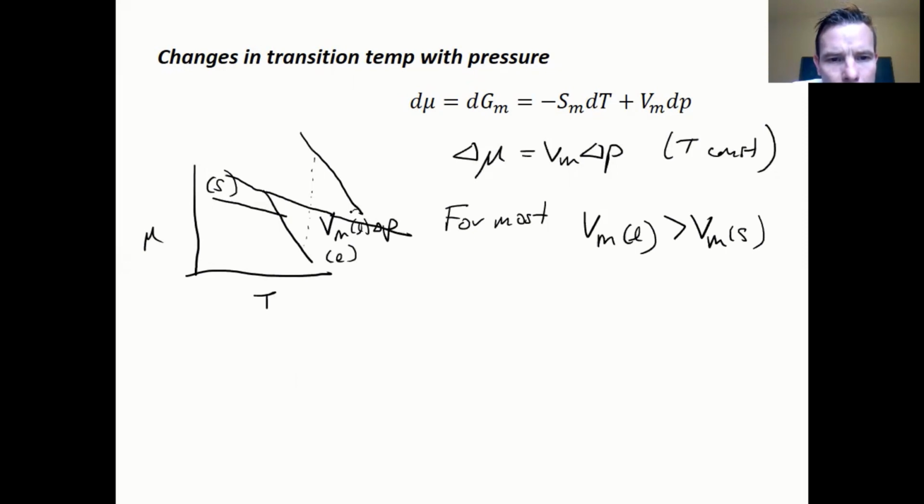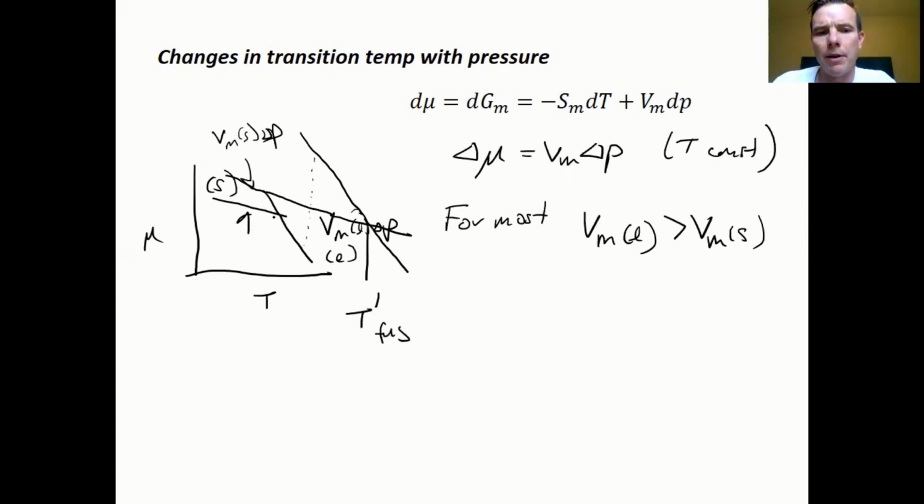This is going to go on, and this is going to go on. So this change here is V_m solid ΔP. Because the molar volume of the solid is less than the molar volume of the liquid, this one increases more, and this is my new melting temperature. Originally it melted here. If I increase the pressure, what often happens is that the melting temperature increases.